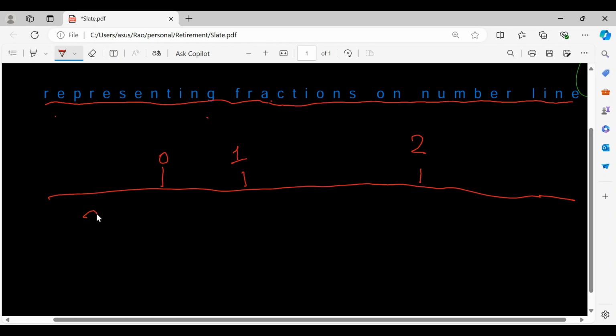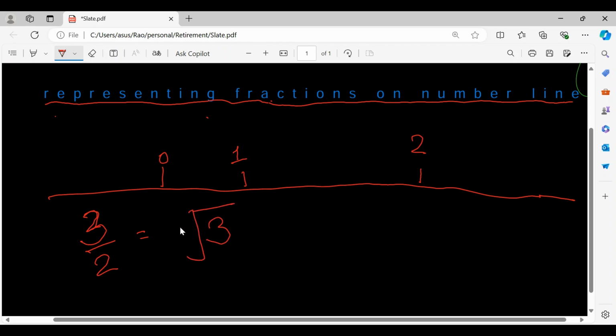For example, I have 3 by 2, which has to be represented on the number line. First we divide 3 by 2.